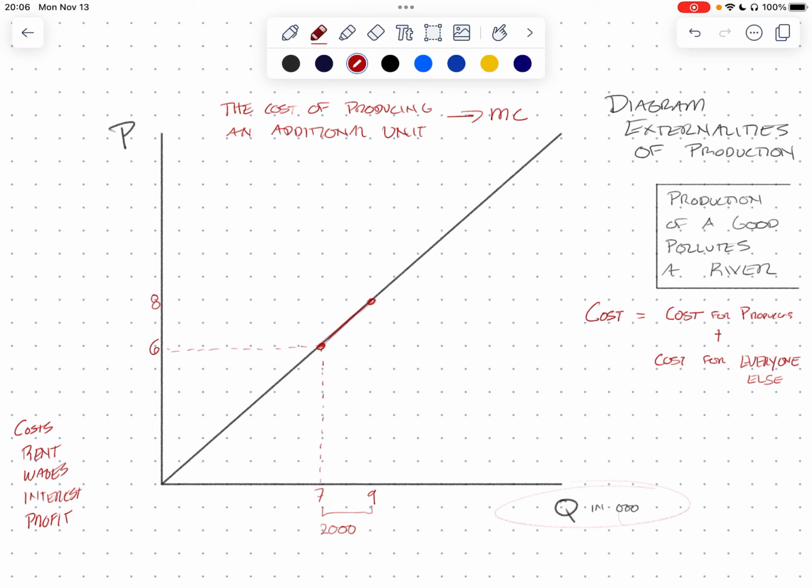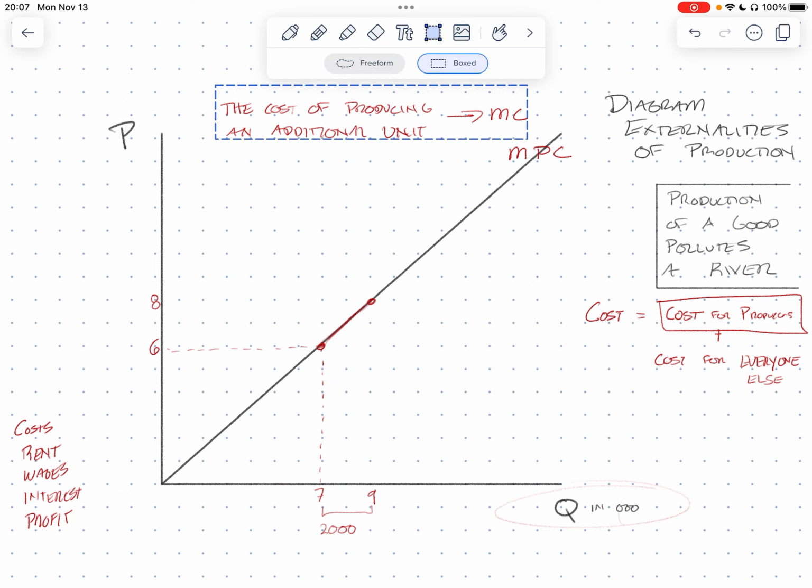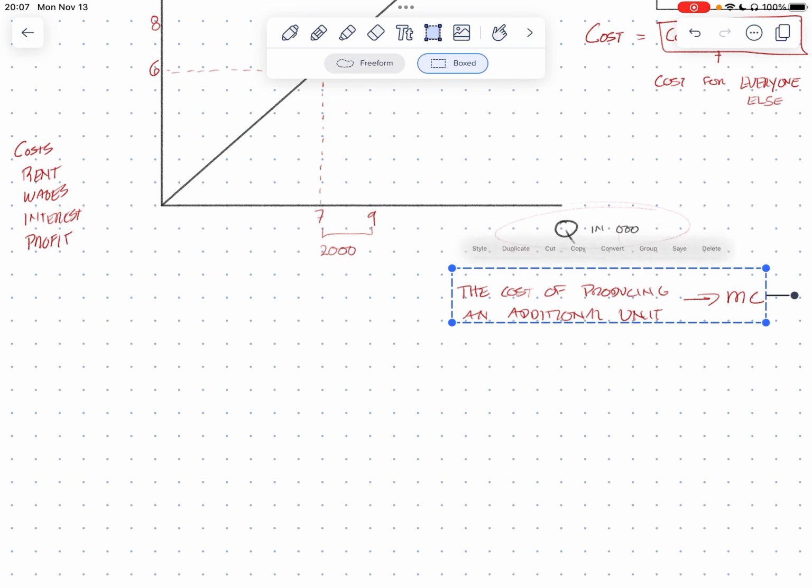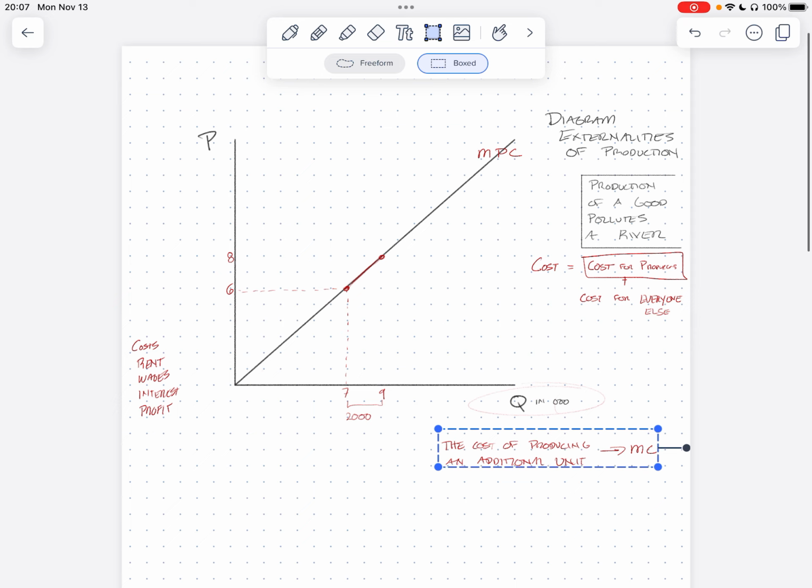So if this supply curve here is equal to the private cost for producers, let's call this the marginal private cost.